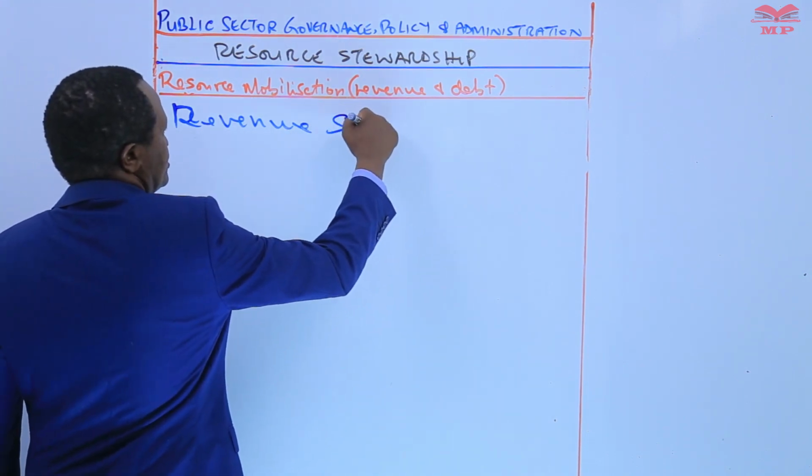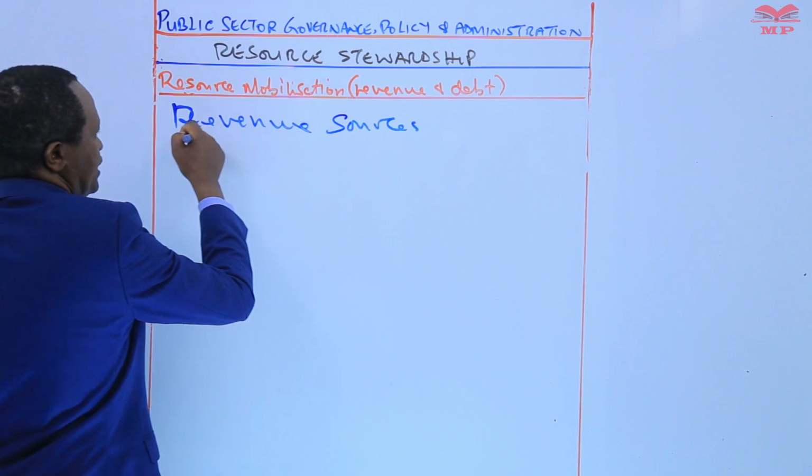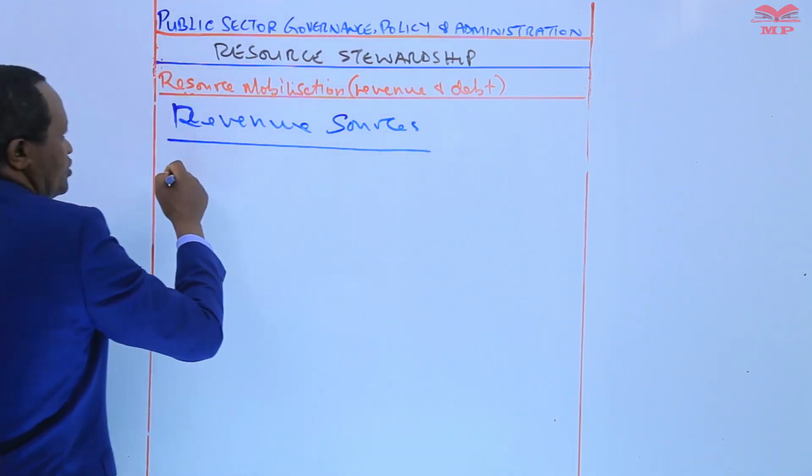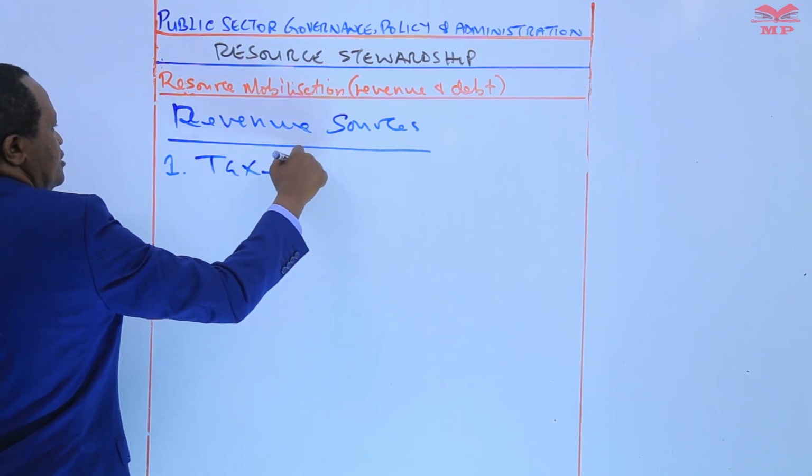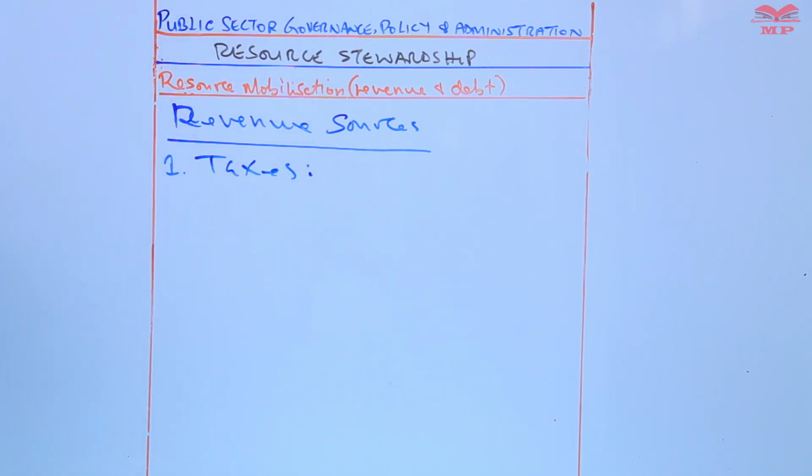Revenue sources for the government. The first source is taxes. Now, the primary source of revenue for most governments is taxes.